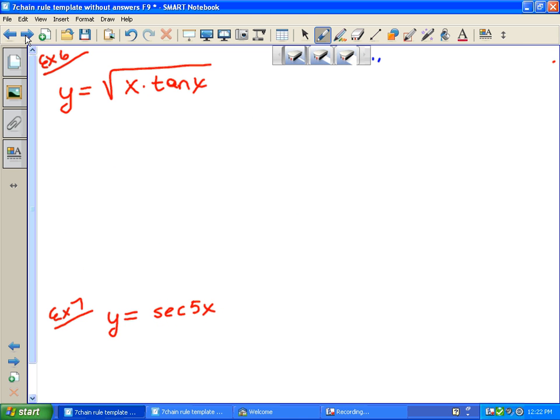Okay, a few more examples using the chain rule. Once again, I'm going to write this one without the square root and replacing the square root by the power of 1/2.